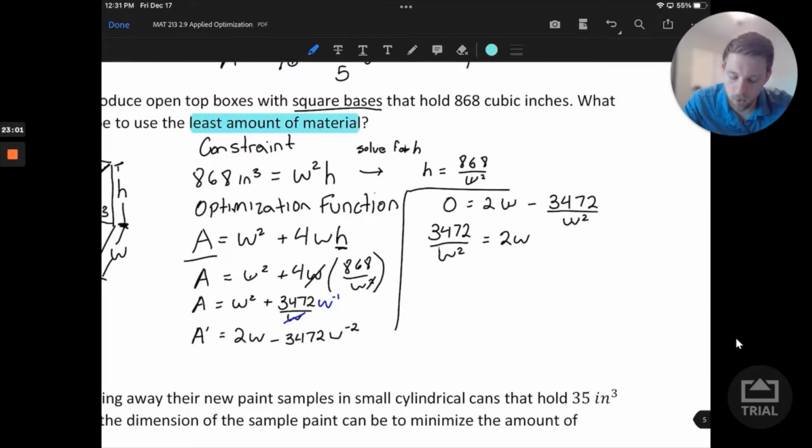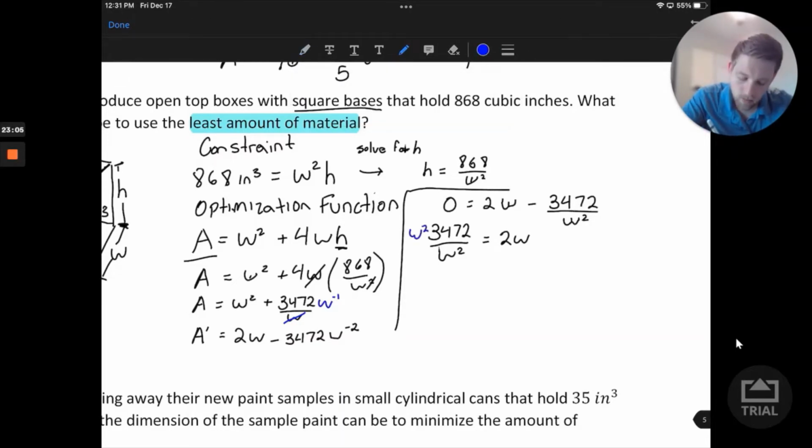We could multiply both sides by W squared, and we would get 3,472 equal to 2W cubed.